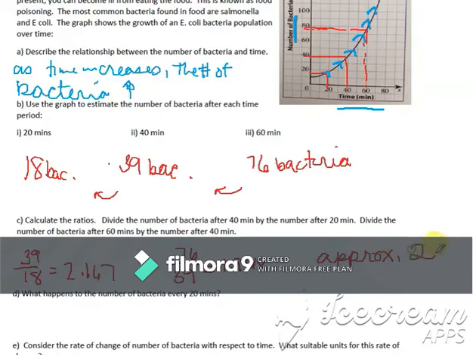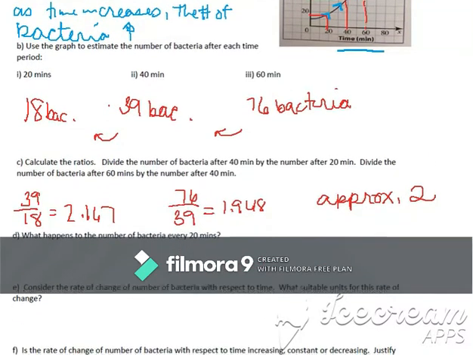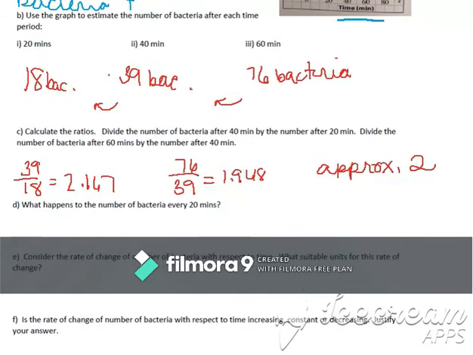So what happens to the number of bacteria every 20 minutes? Because we did 20, 40, and then 60: 18, 39, 76. What happens to the number? It approximately doubles.